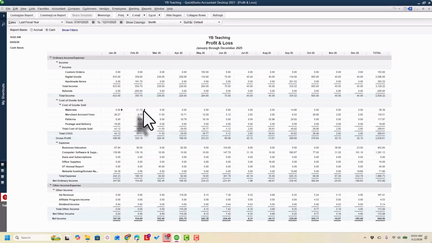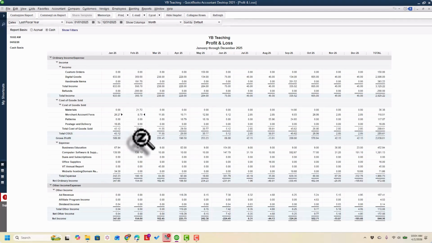All right. Now, I also had $359 worth of digital goods. Now, all my craft fair sales were in cash, so I automatically know that my merchant account fees of $879 is directly related to the digital goods.